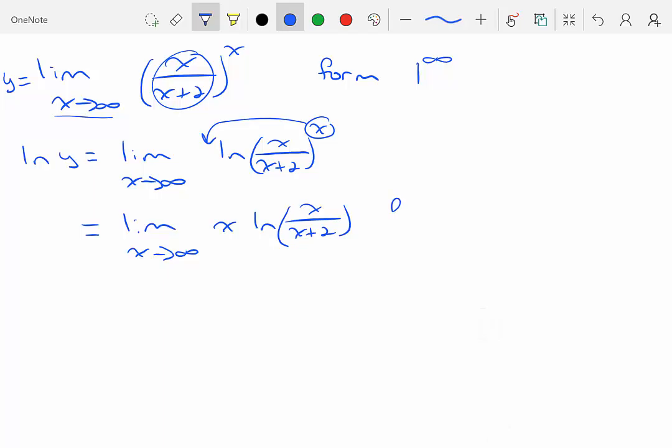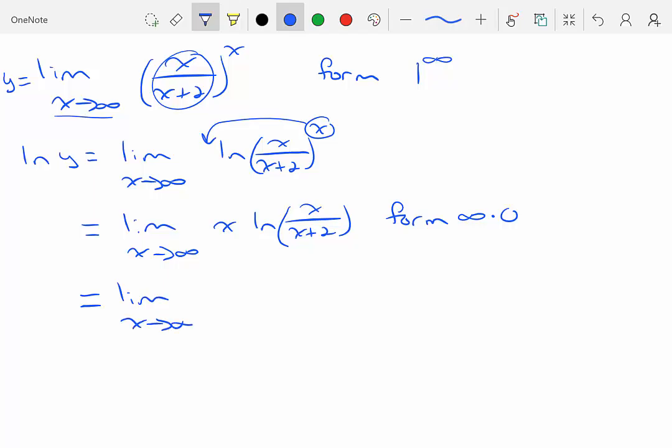Now if I check the form of the limit, I have that x is approaching infinity, and the natural log of x over x plus 2 is approaching the natural log of 1, which means I have infinity times 0. Again, that puts me closer to being able to use L'Hopital's rule.